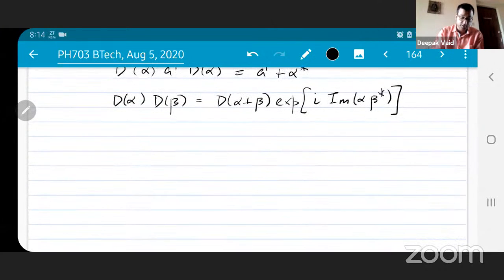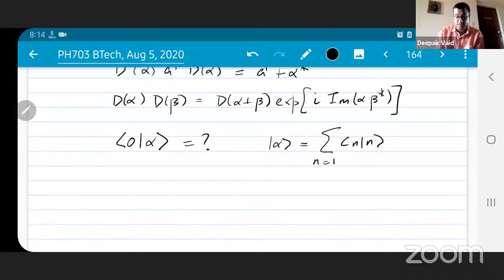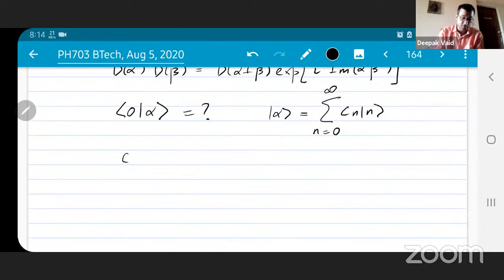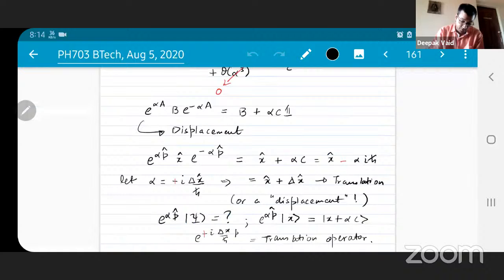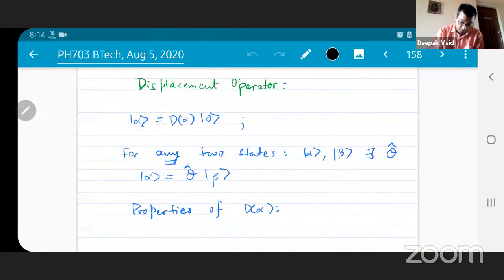ultimately what we want to do is figure out what this is, right? Because we have seen that one can write down a coherent state in terms of the number operator eigenstates. And we have seen that these coefficients C of n can be written as C0 and here's the exact expression, just let me make sure.